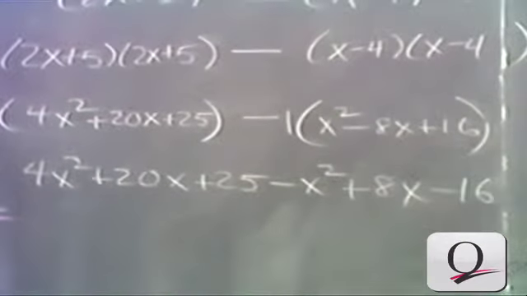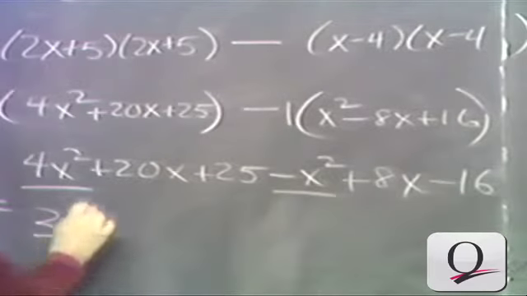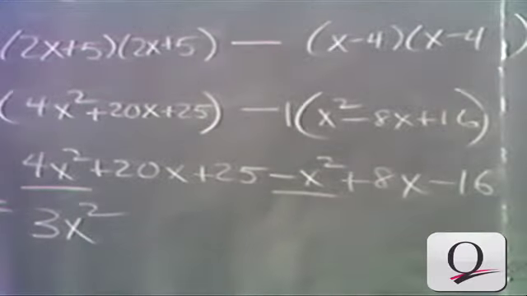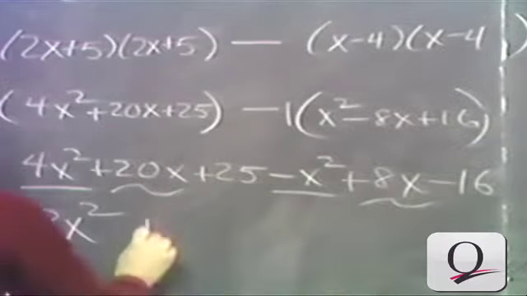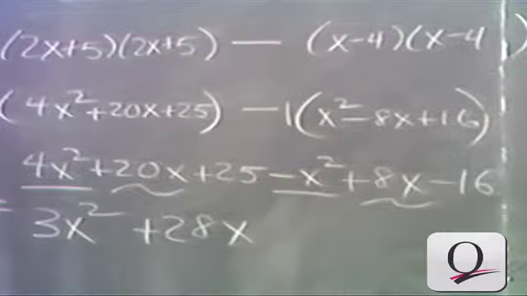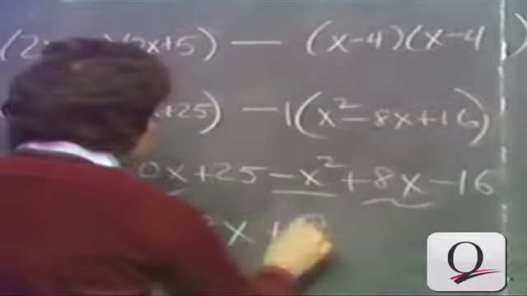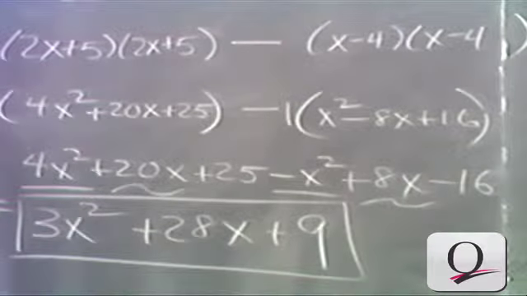We get plus 4x², and minus 1x², that's plus 3x², plus 20x and plus 8x, that's plus 28x, and the constants plus 25 and a minus 16 for a plus 9. And here we have our answer.